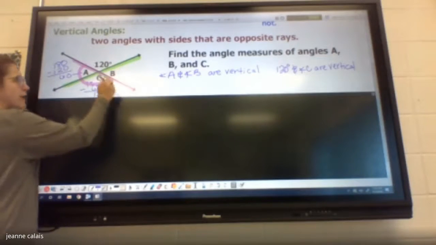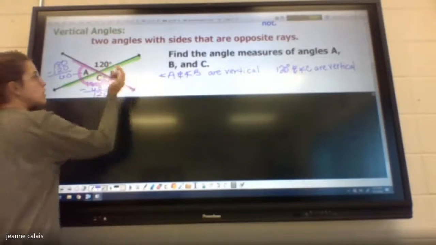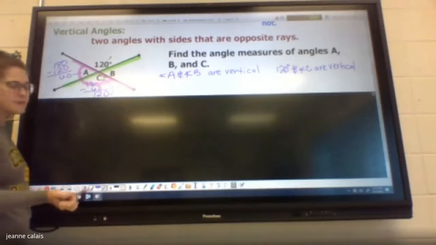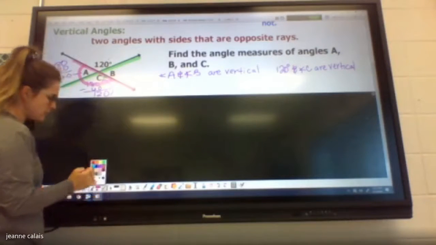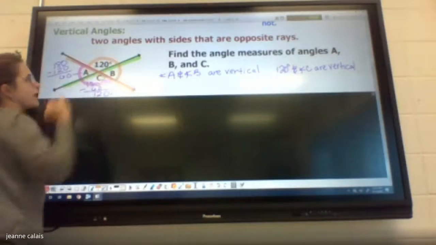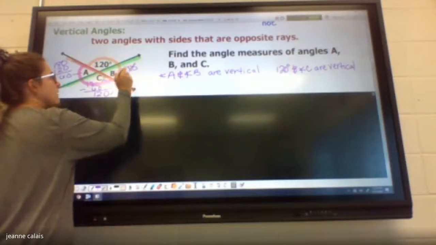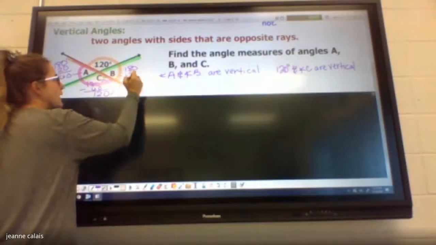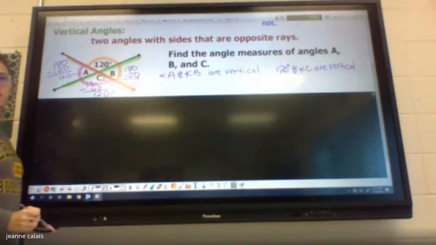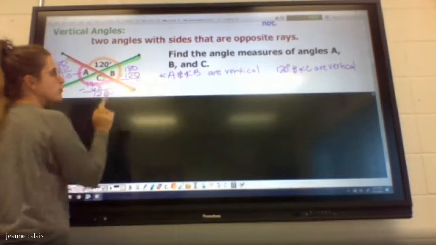So that's the value of angle C. Then B, you could either use C or this 120 here, same difference. Those two angles make a straight angle. So therefore 180 minus 120. Oh, wait, I did that already. It's 60.